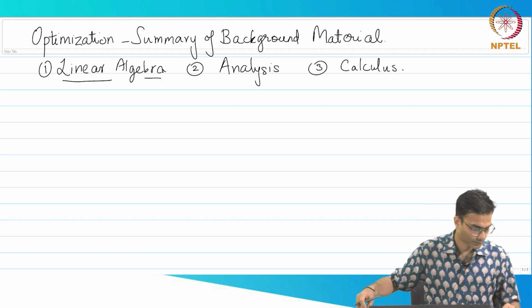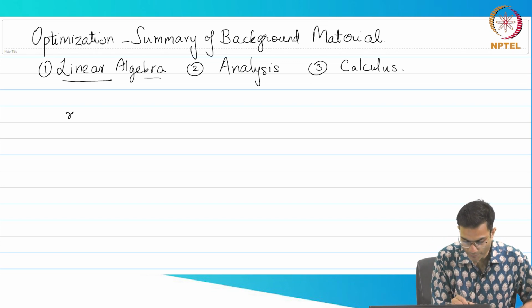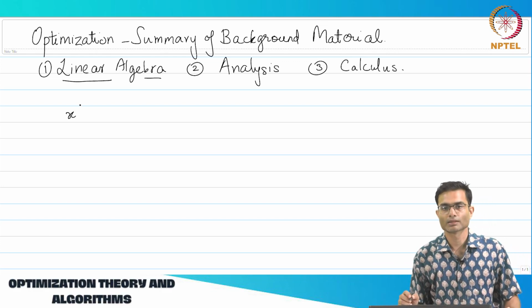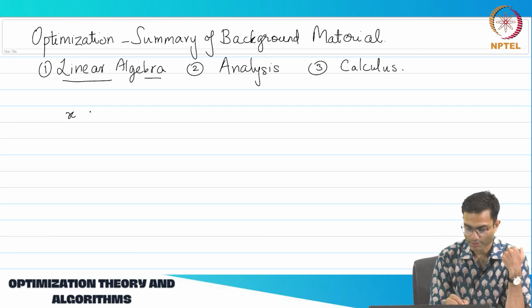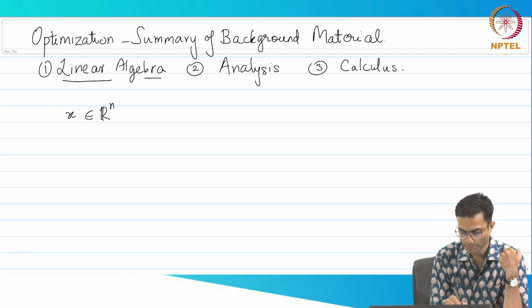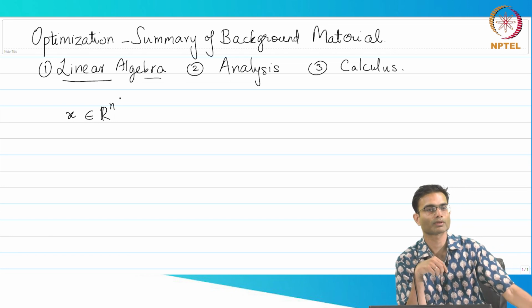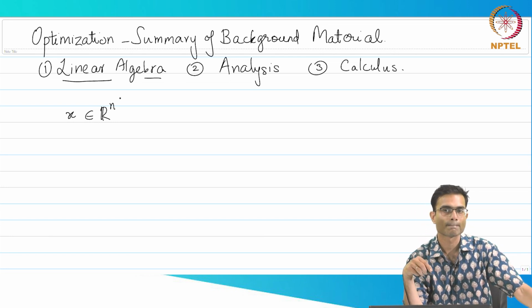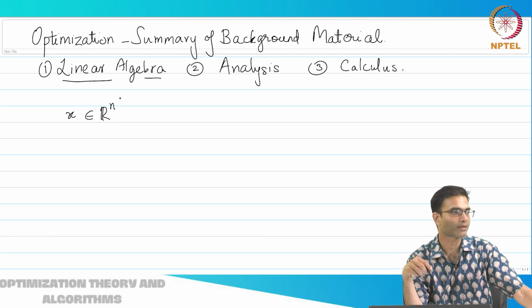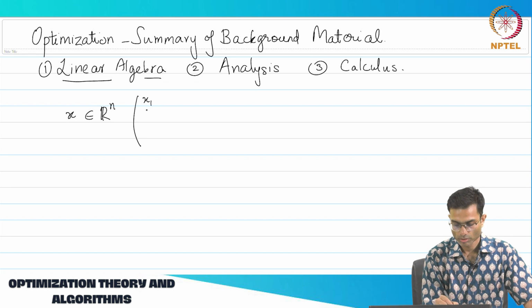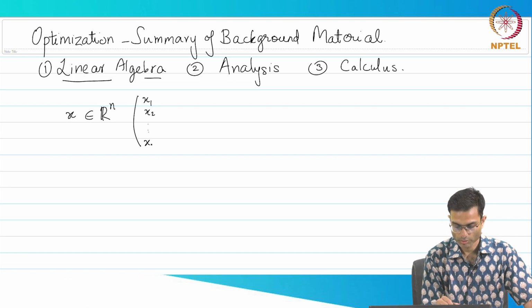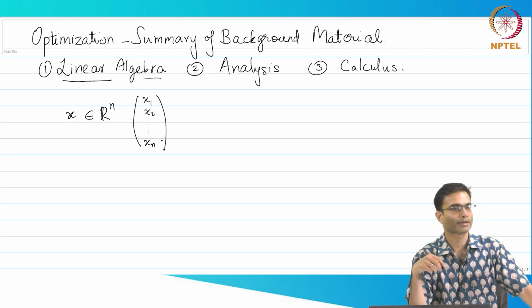Okay, now in general when I write a symbol like x, you're used to it being just a scalar, but in general here x is going to be something like this, Rn, right? So everyone knows what this means, a set of n real numbers, right? And typically the most common way of representing it would be like a column vector, right?